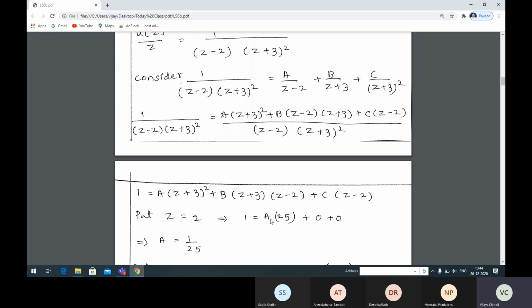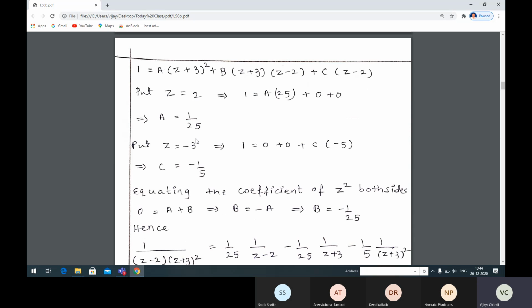Means 1 is equal to A into 25 plus 0 plus 0. We want A, so take this 25 to this side. So A is equal to 1 by 25. This is in the numerator, so it comes to this side as denominator. So A is equal to 1 divided by 25. Right? Now we need to find B and C.